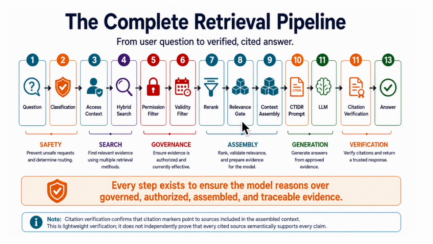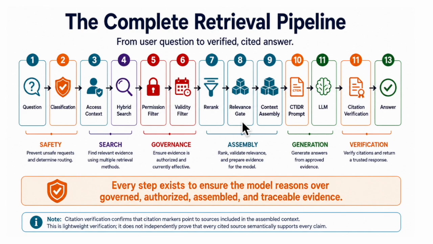Next comes the relevance gate. This is an important boundary. Vector search is designed to return the closest available candidates even when none of them truly answers the question. The relevance gate prevents a weak retrieval result from automatically becoming model context.